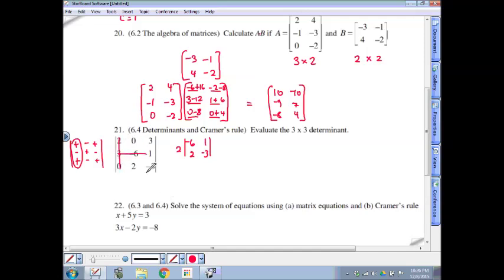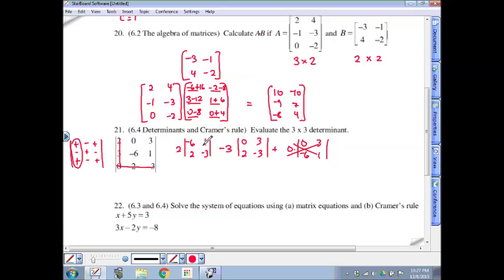Cross out that row and column, and this 3 here is in that spot where the minus sign is, so it's minus 3 multiplied by the minor 0, 3, 2, negative 3. And now cross out that row and that column. And since it's in this spot, you follow the plus 0, multiplied by this minor 0, 3, negative 6, 1. And the reason for choosing a column containing a 0 is 0 multiplied by that minor is 0. So that piece of this expression goes away.